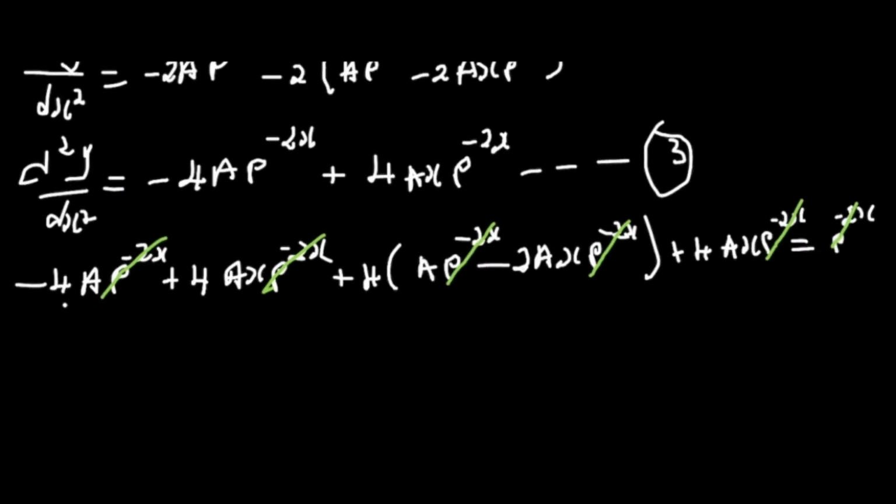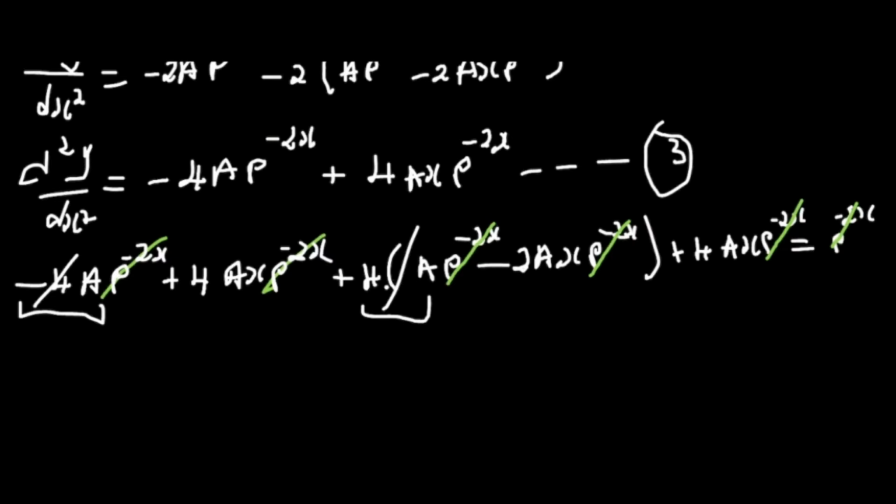So here we're going to factor out all the constants. We see that we have minus 4a here and 4a here, so this will go away with that, and we have 4ax here and minus 8a here.